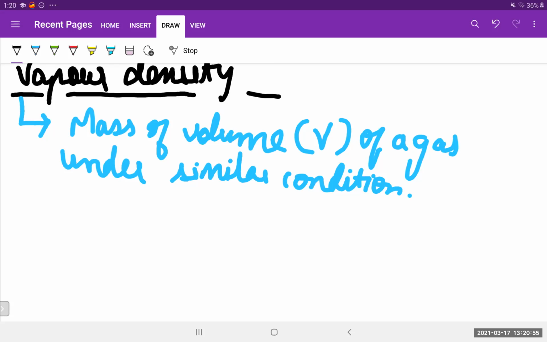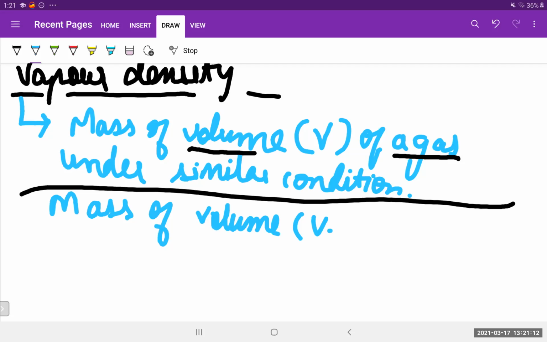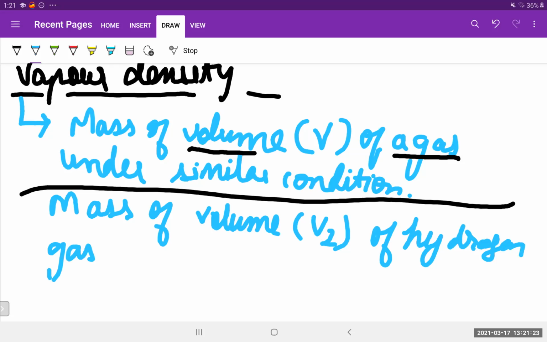So what is vapor density? Vapor density is the mass of volume of a gas divided by the mass of volume V2 of hydrogen gas, at same condition.